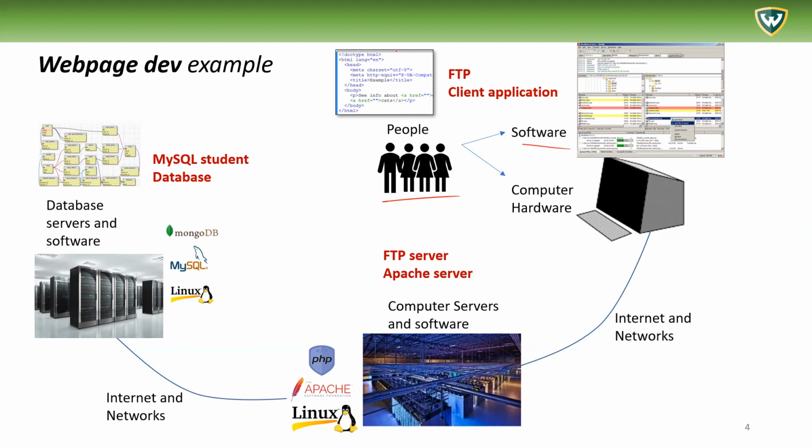We used that to upload our HTML document, our web page document, to the server. So we send the document to the server that is hosting that HTML web server, so that other people can then access the data.